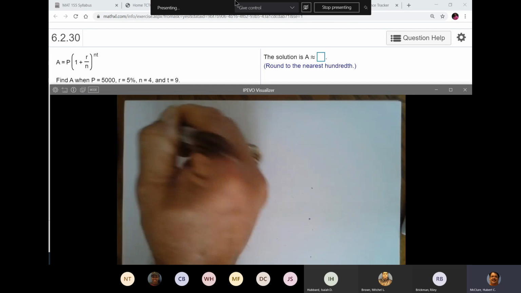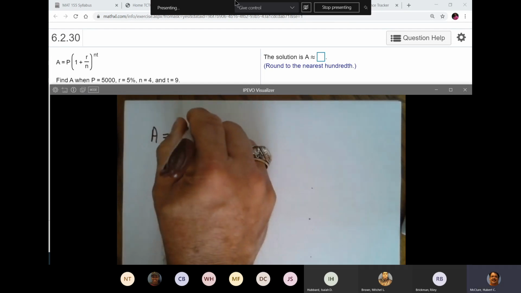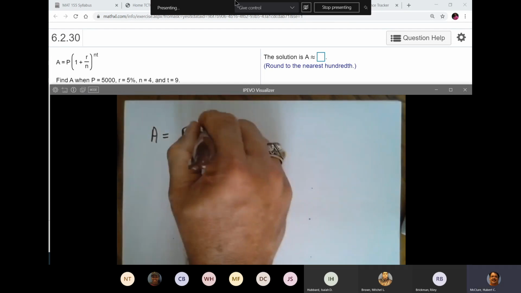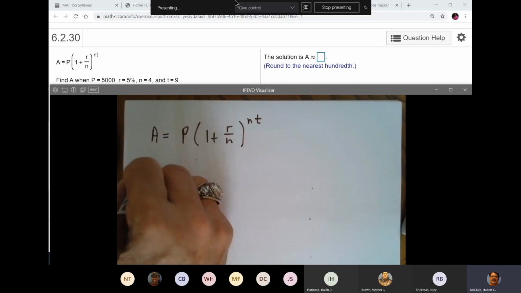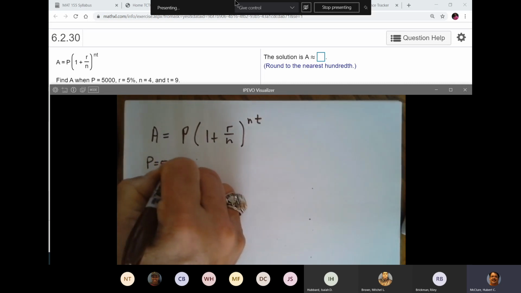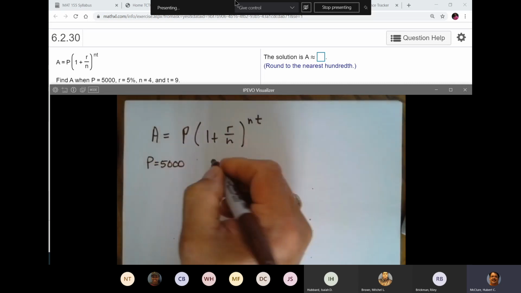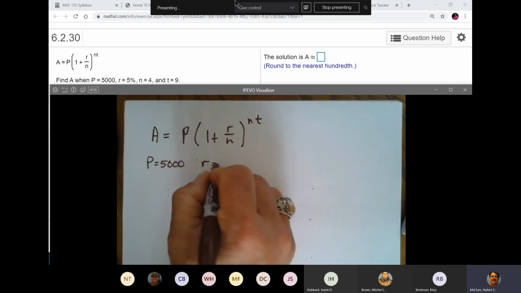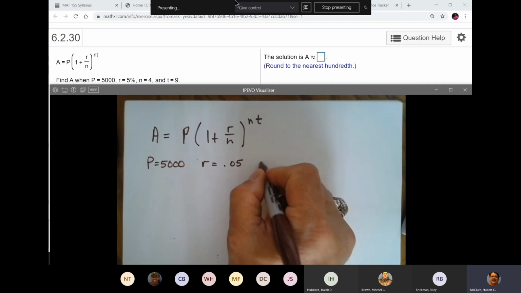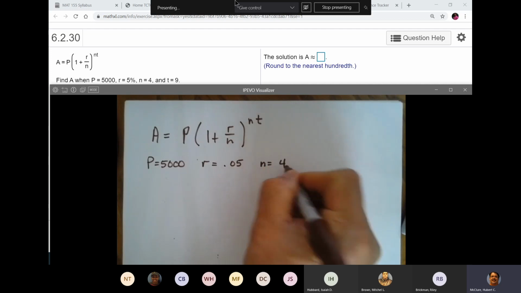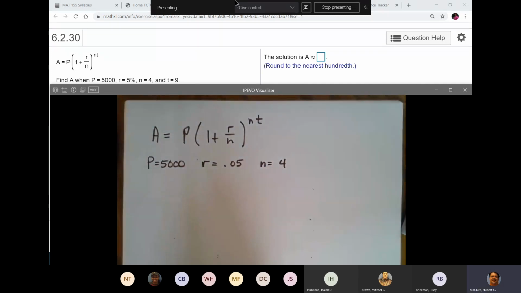A is equal to P times 1 plus R over N raised to the NT power. And in this case, we've got P is equal to 5,000. We've got R is equal to 0.05. We've got N is equal to 4, so it's only going to be calculated 4 times a year, which means quarterly.